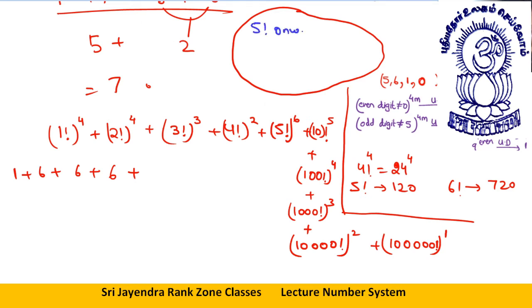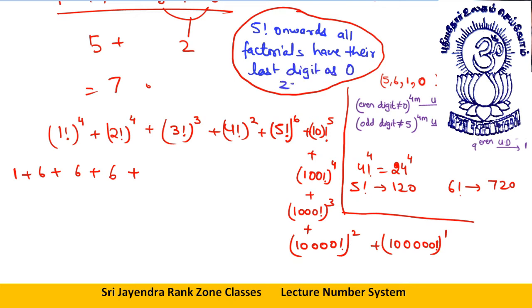From 5 factorial onwards, all factorials have their last digit, or unit digit, as 0. Zero. Okay.